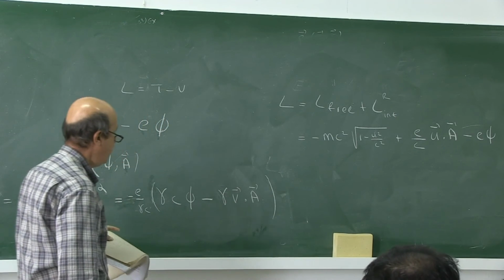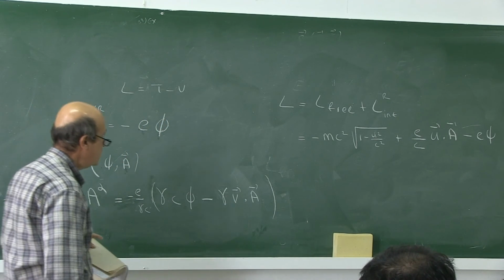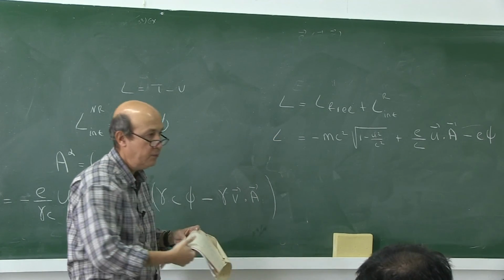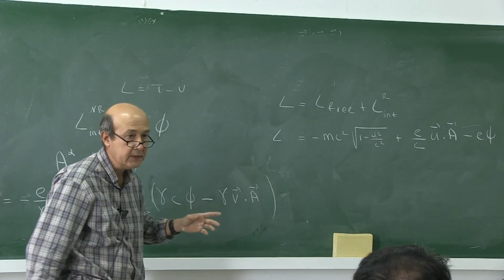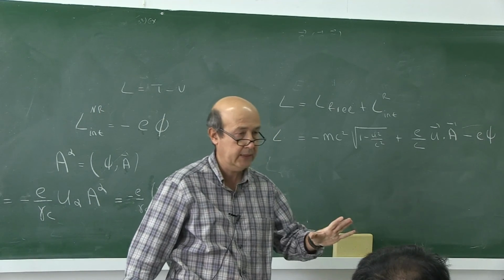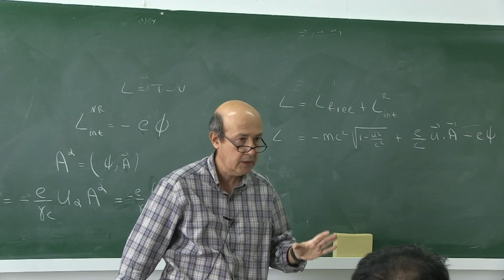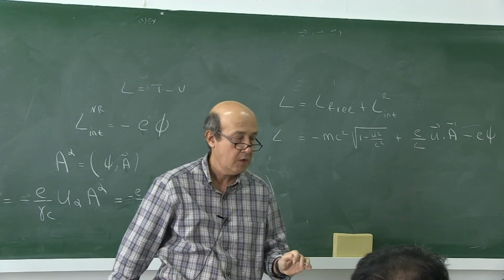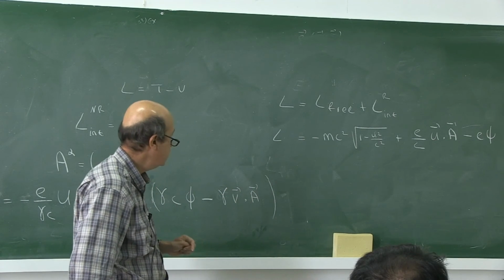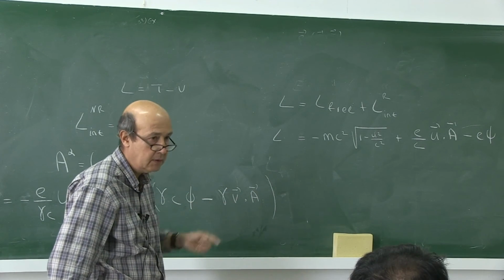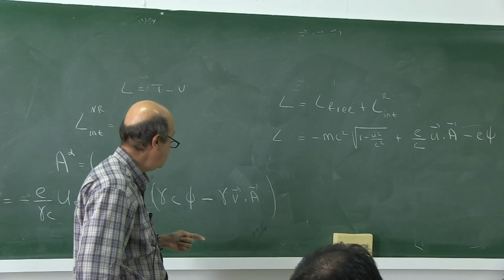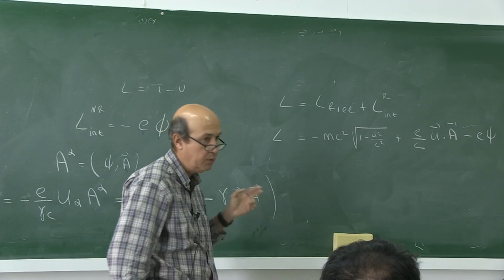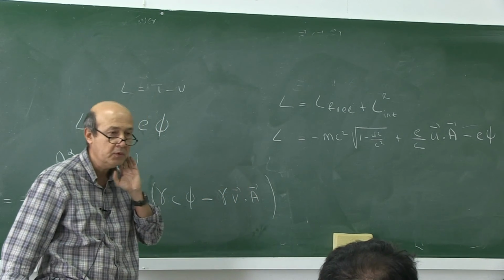So this is a Lagrangian for the charged particle moving in the electric and magnetic field. If you calculate the Euler-Lagrange equations, what do you have to find? The Lorentz force. As an exercise, do this for next time, and I will calculate the Hamiltonian and see how the energy and momentum will be modified.